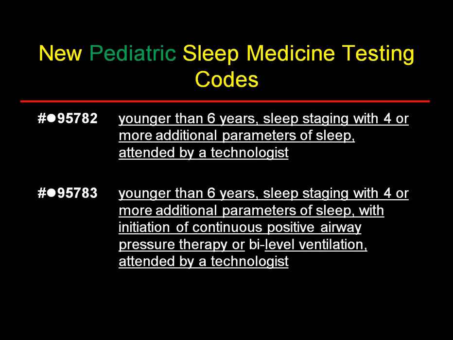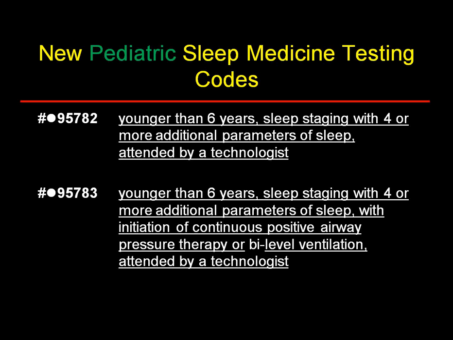Here are the 2 new pediatric sleep codes. The 95782 is a standard sleep study in any child up to age 6. At age 6, one would then be using the adult codes. It's a standard sleep study with sleep staging in addition to 4 or more additional parameters, and it's an in-lab attended study.